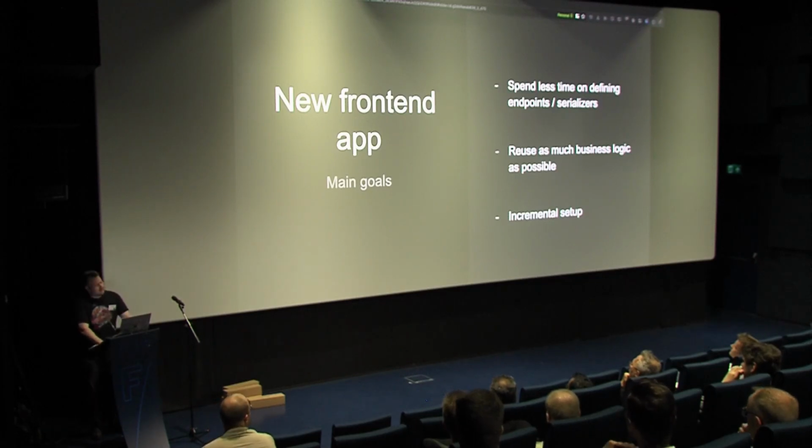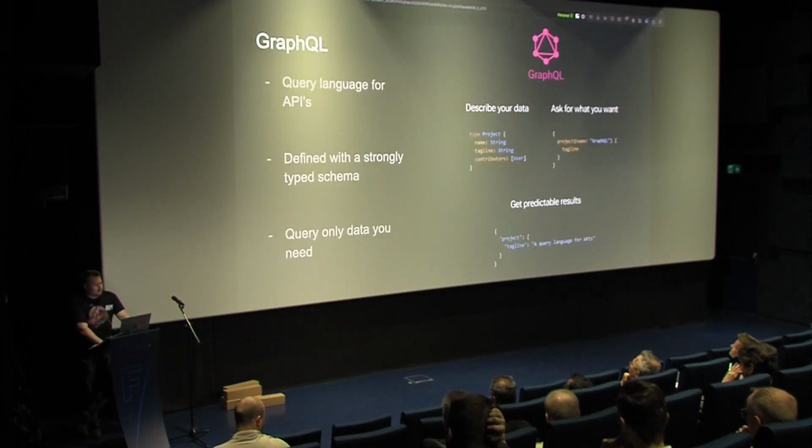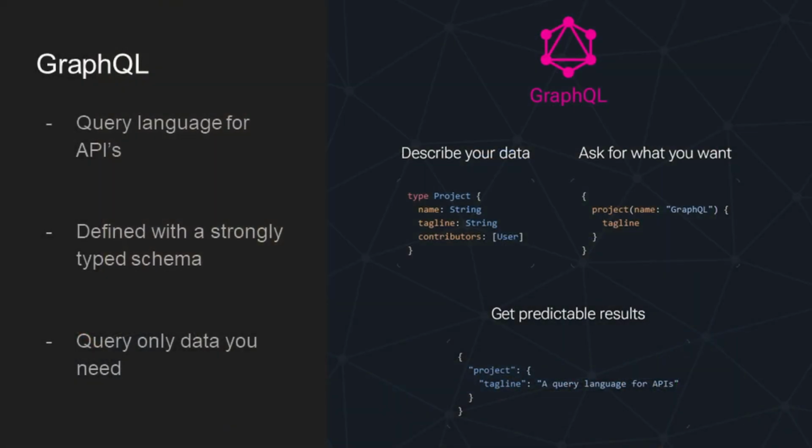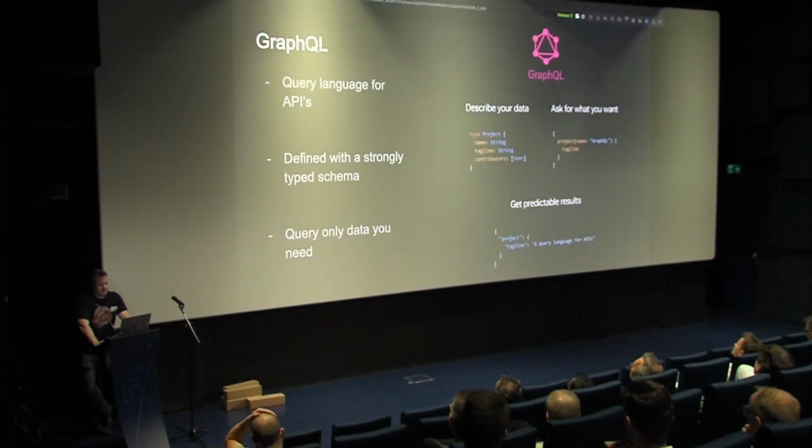Like I said, in a previous iteration of PyGrunn, there was a topic of GraphQL, and it was quite promising. Basically, it's a specification for describing your data in a schema and to execute queries.